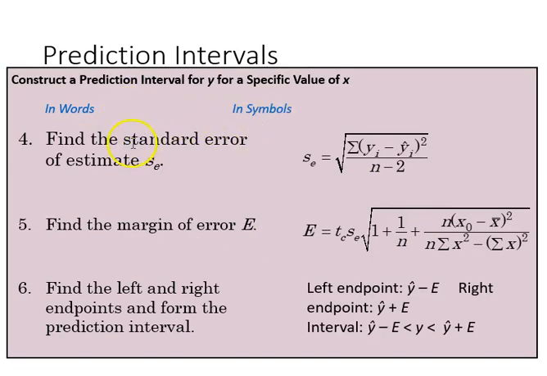We then find our standard error of estimate, and then we find the margin of error using the t and standard error of estimate values, as well as information about our sample and our x values. Then we find the left and right endpoints that form the interval using this equation.